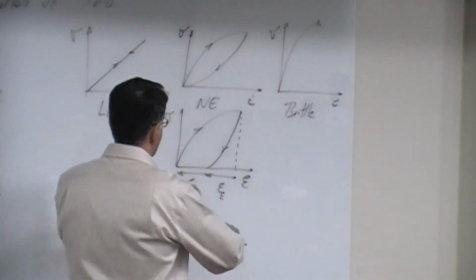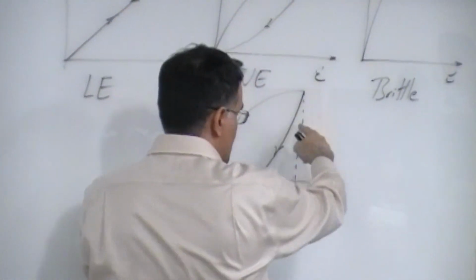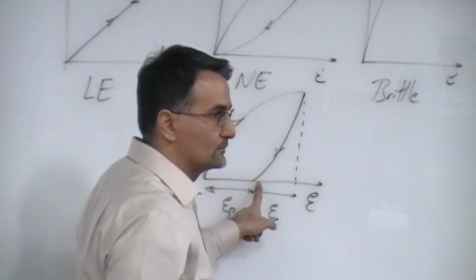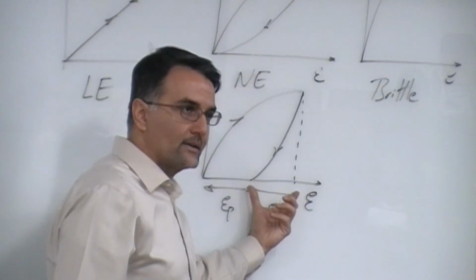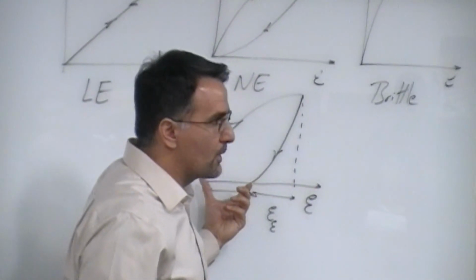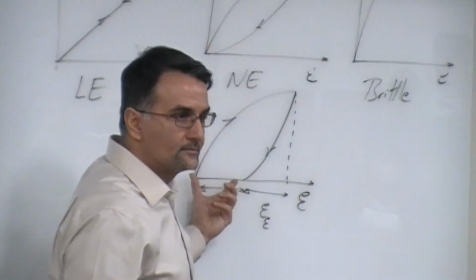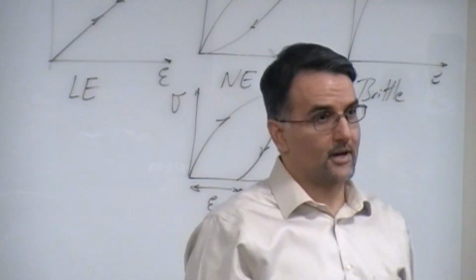Let's take a look at that. I loaded it, came all the way to here, and then removed the load, came back down. A portion of the strain bounced back, but the other portion is deposited in the material. What kind of material is this?